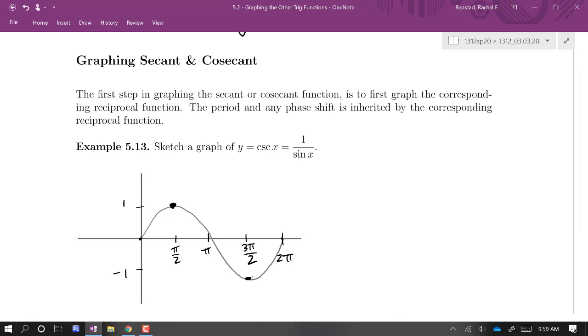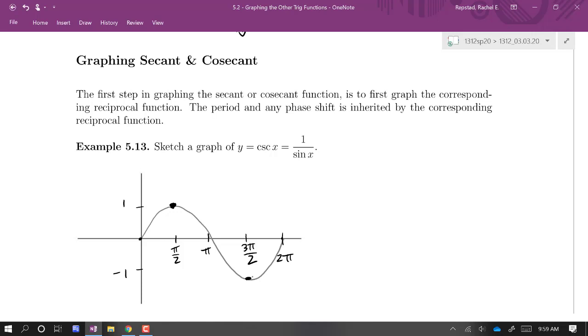Now, look. Sine is equal to 0 at some spots. It's 0 when x is 0. It's 0 when x is pi. Imagine that I'm getting closer and closer to pi in the x values. The numerator stays at 1, but sine is getting really close to 0. What happens to 1 over sine? It starts getting bigger and bigger, like we saw with the tangent.